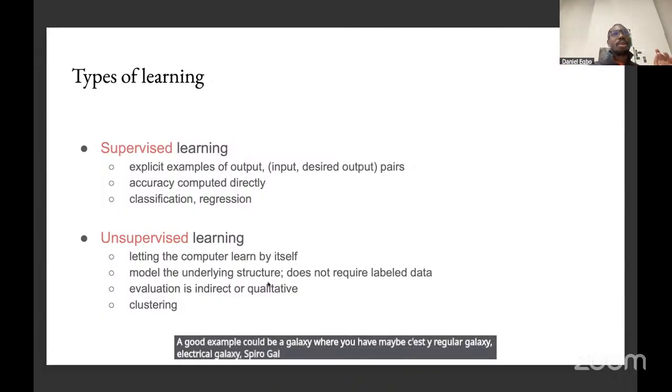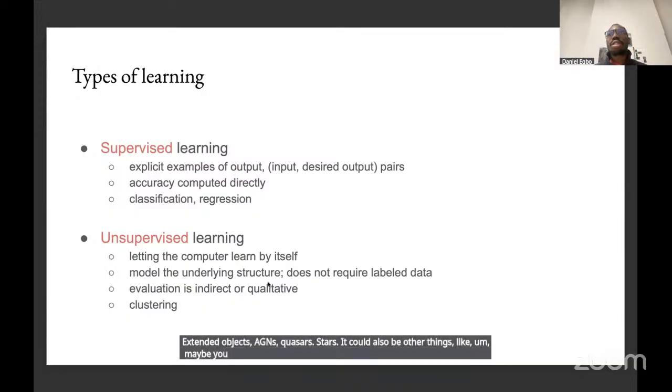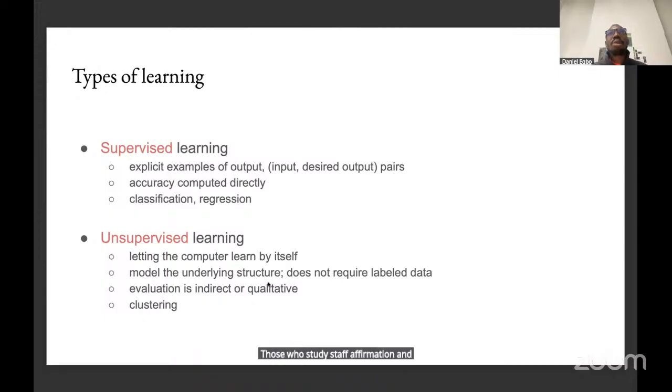It could be other types of objects like compact objects, extended objects, AGNs, quasars, stars. It could also be molecular clouds, for those who study star formation, where you say this is a massive star formation region, this is a low mass star forming region, and the rest of them.